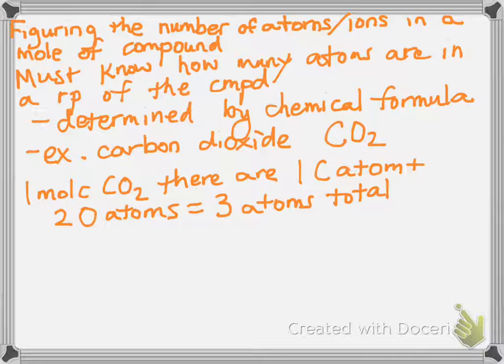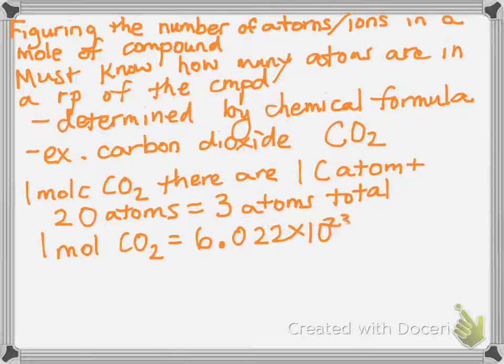So, what that means is, in 1 mole of carbon dioxide, I'm going to have my Avogadro's number of molecules of carbon dioxide. By definition, if I have a mole, I have to have the representative particle.